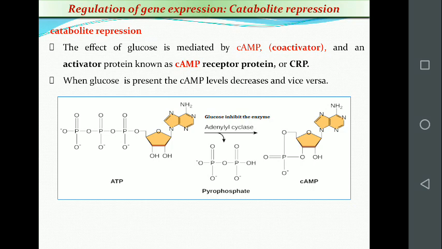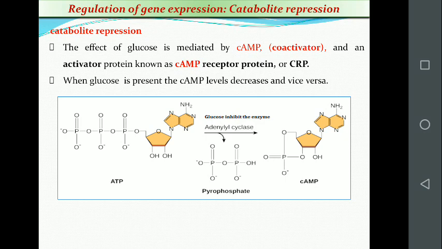So cyclic AMP is a co-activator here. As we all know, AMP is adenosine monophosphate, a nucleotide that comes from ATP. Everybody knows what ATP is.